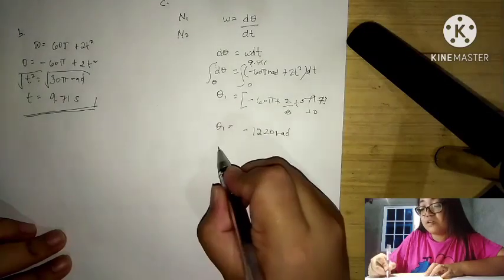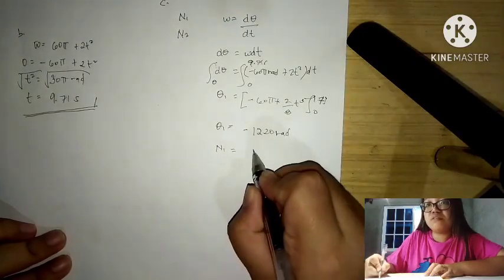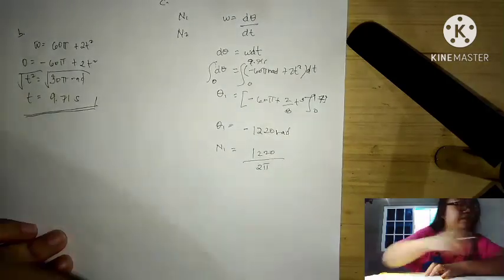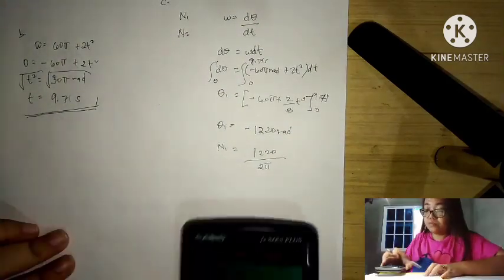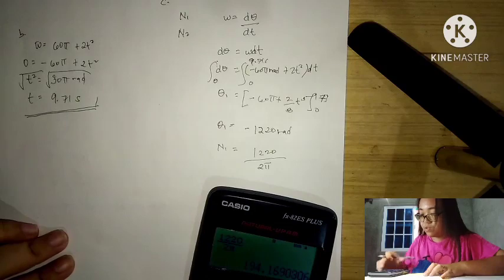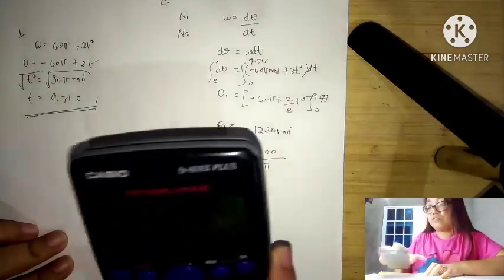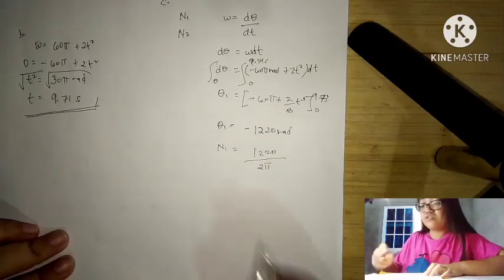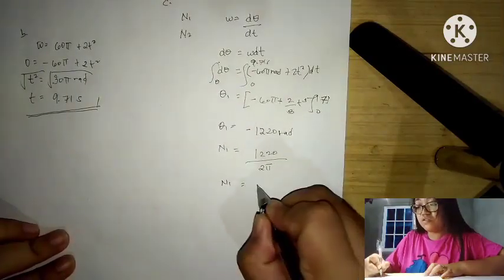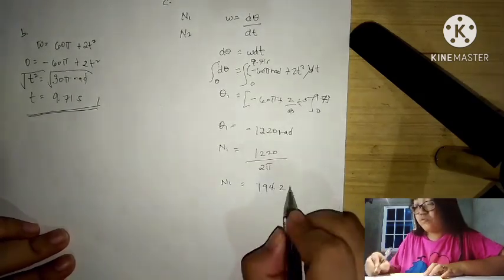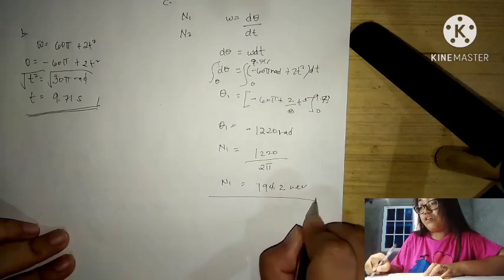Ngayon, yung N1 natin is equal to theta over 2 pi. So, 1,220 divided by 2 pi is equal to 194.2 revolutions. So, ito yung N1 natin.